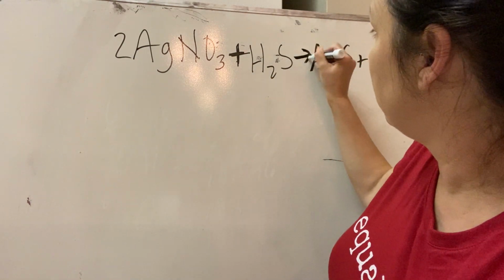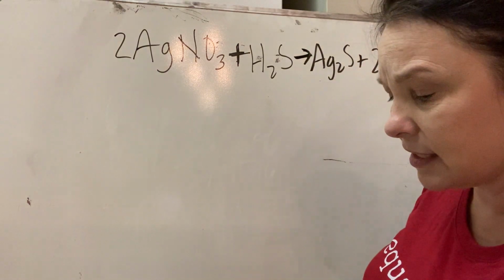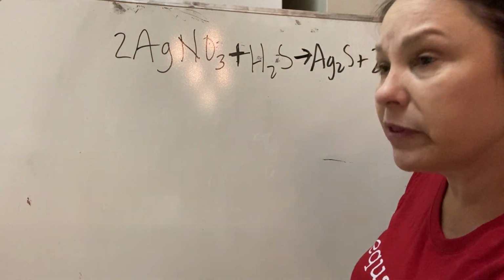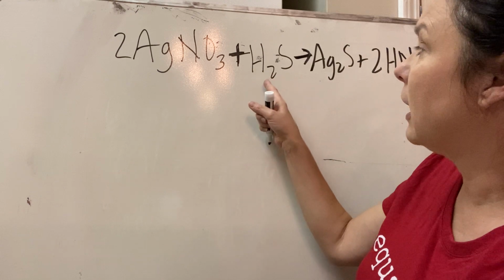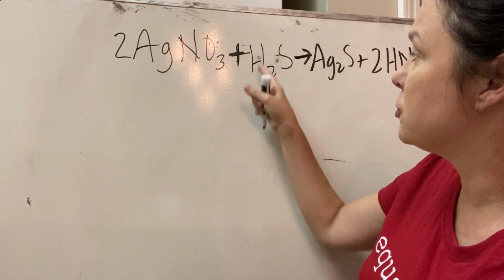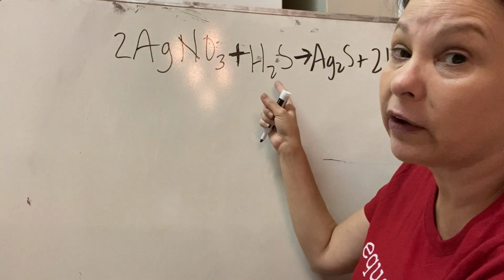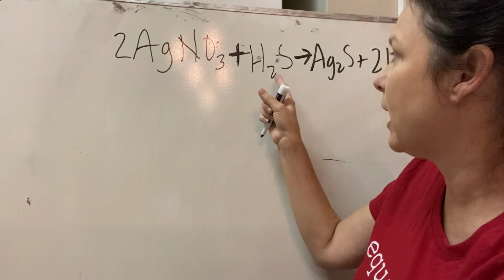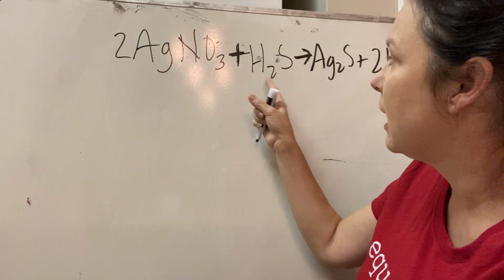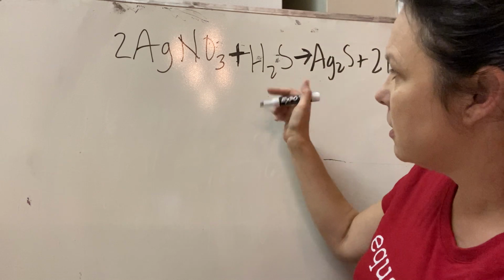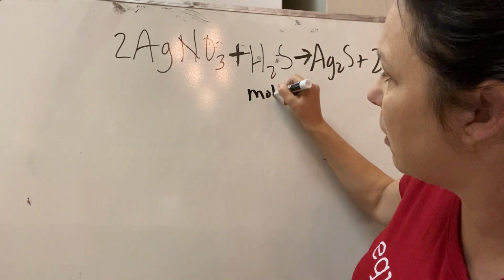Here's my arrow. The problem basically says to determine the moles of the hydrogen sulfide, or you can call it hydrosulfuric acid. It has multiple names, but the H2S, to determine the moles of that.